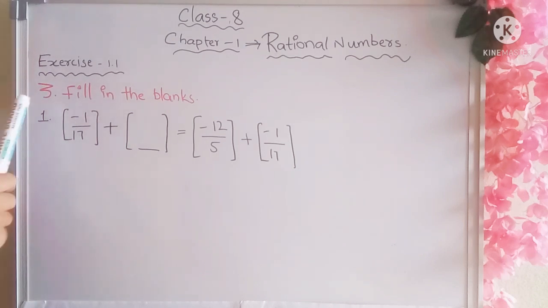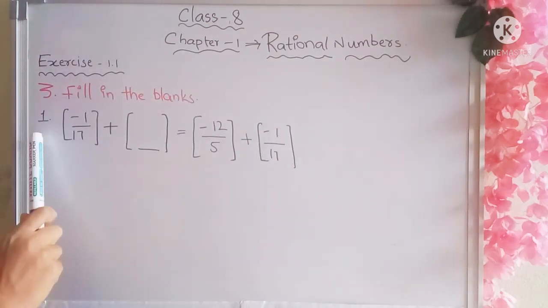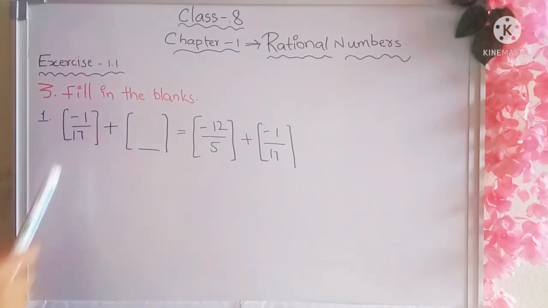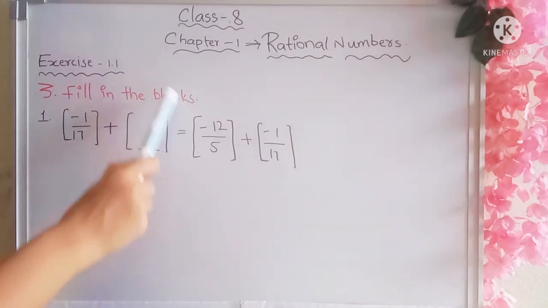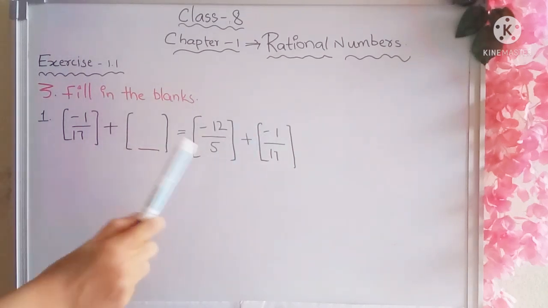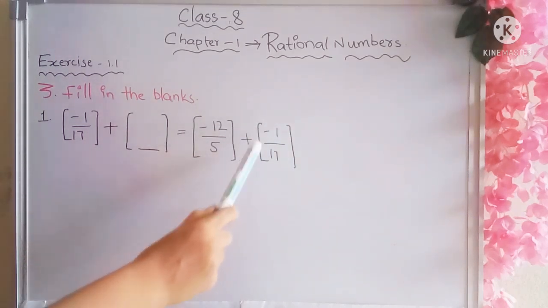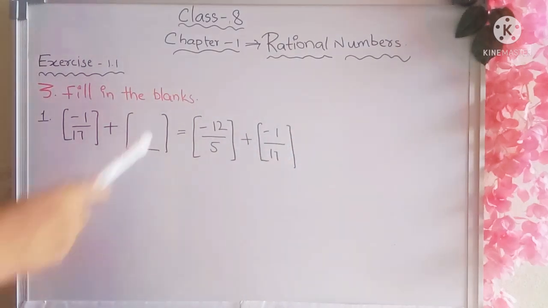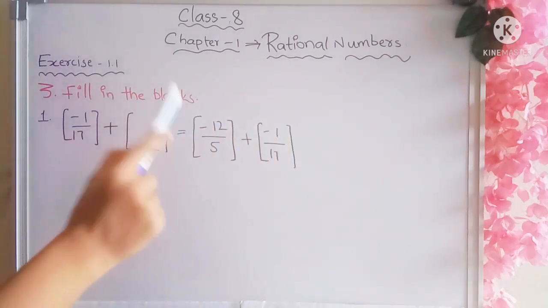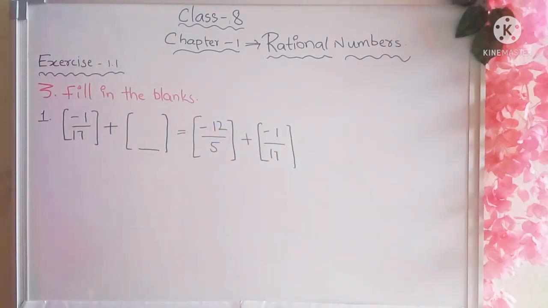So now the third question, fill in the blanks. The first question from fill in the blanks is: minus 1 upon 17 plus, we have to find this number, is equal to minus 12 upon 5 plus minus 1 upon 7. So to find this number, we have to use the RHS of this equals sign.